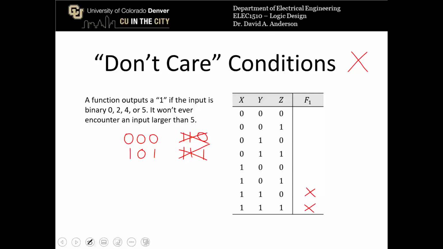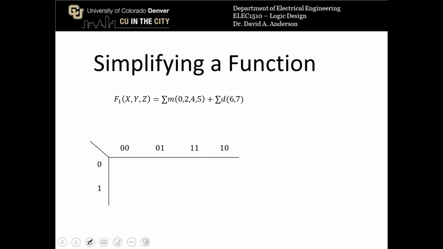So now let's fill in the 0s and 1s for the rest of the truth table. There's a 1 at 0, a 1 at 2, at 4, and at 5. At 1 and 3, we have 0s. So now let's move on to what this looks like as a sum of minterms and a K-map.